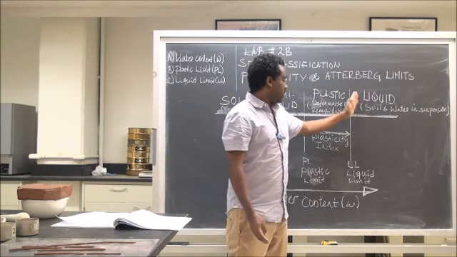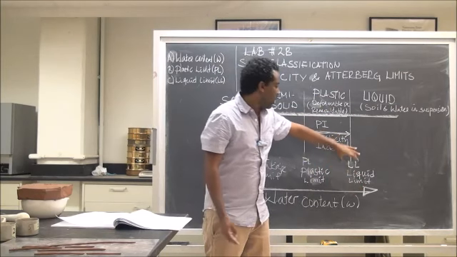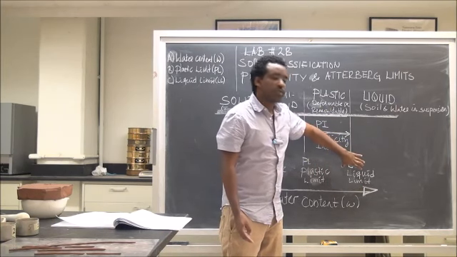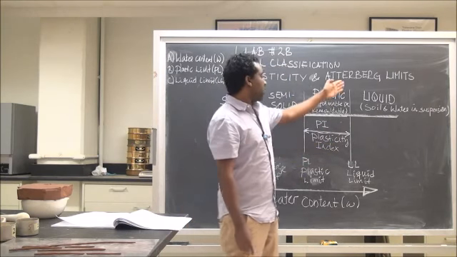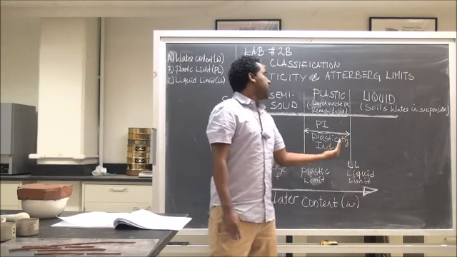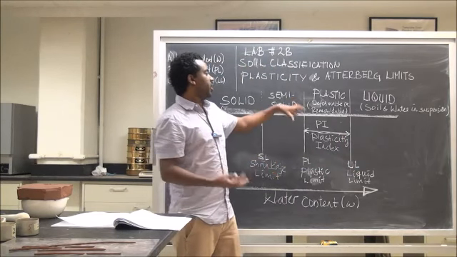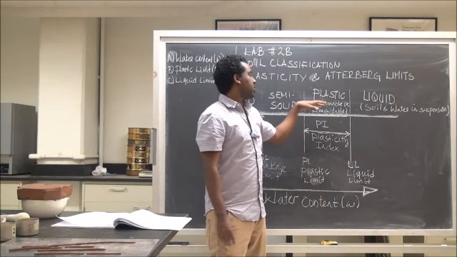Then with reduction in water content, it will reach a limit where the soil shows no further liquid behavior. That boundary is the liquid limit. Upon further reduction, there will be a range where the soil shows a plastic nature.